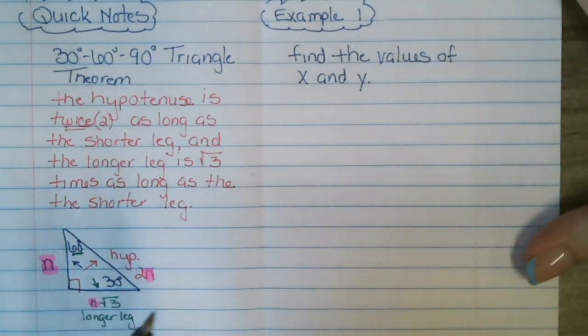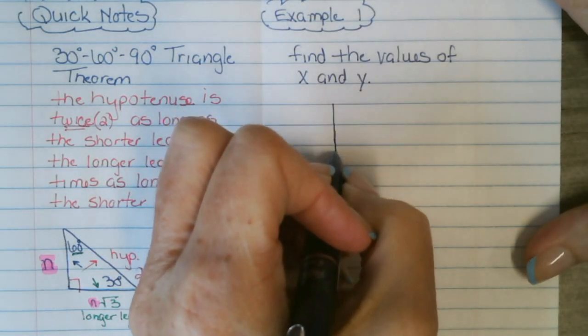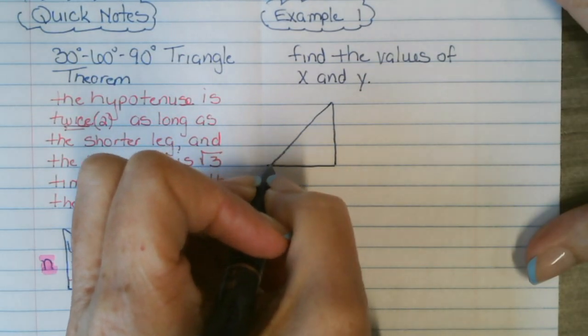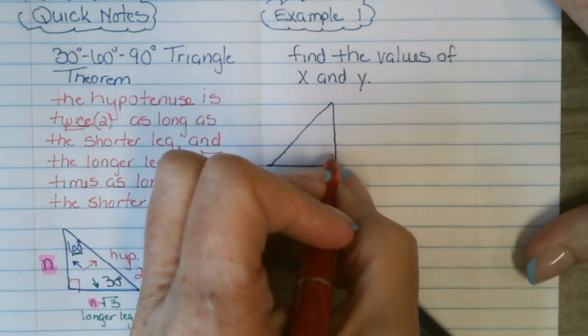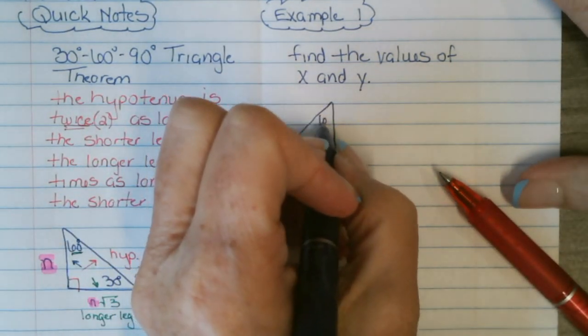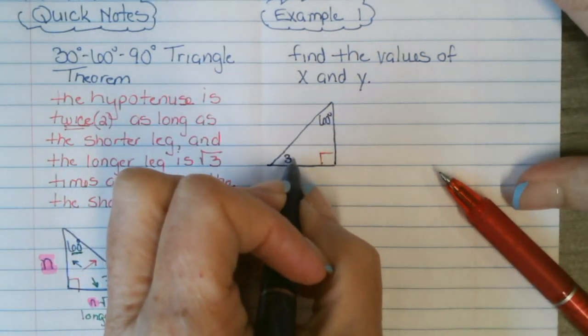Draw a triangle. Got my right triangle here, and I have 60 up top, and I've got 30 down here.